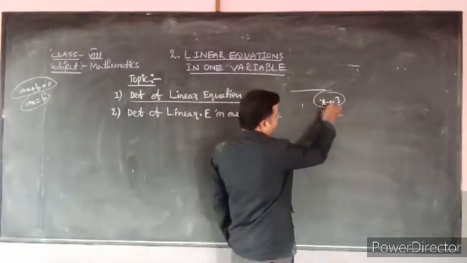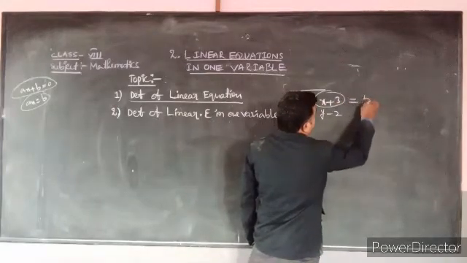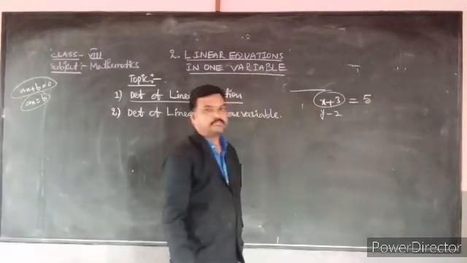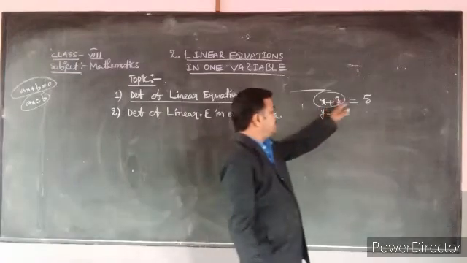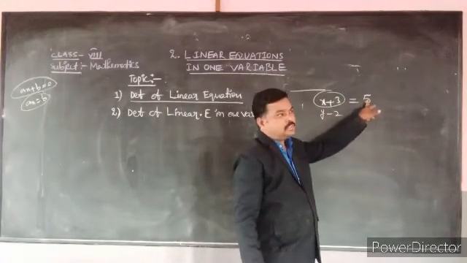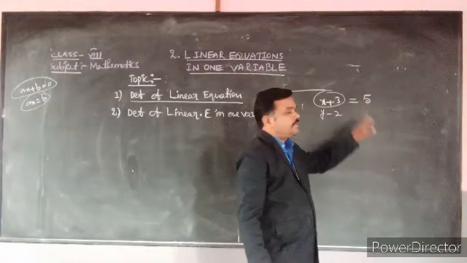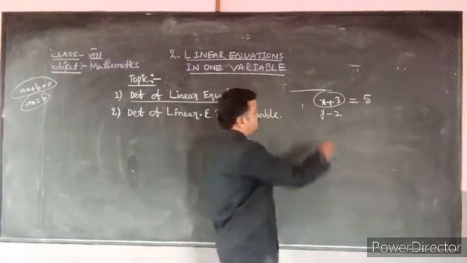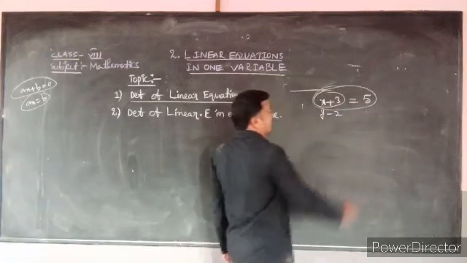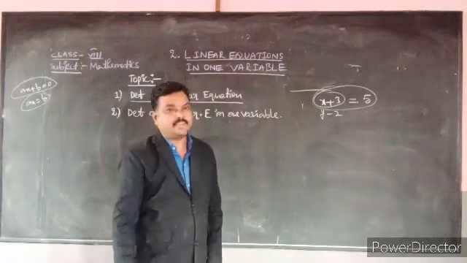See this, x plus 3 is equal to 5. Between x plus 3 and 5, there is an equality sign. So this is an example of an equation.